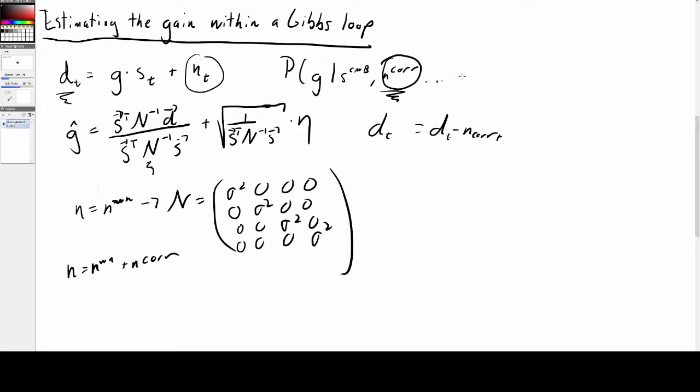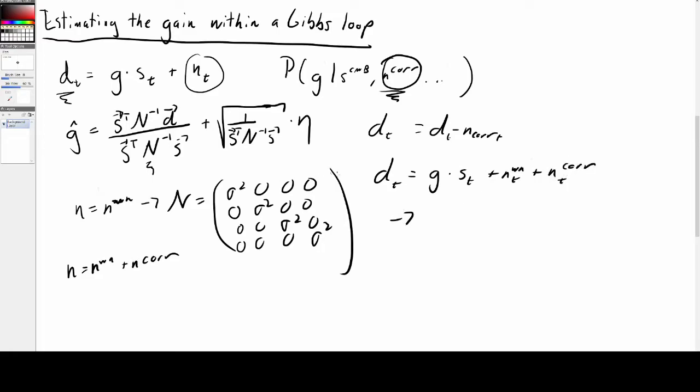But when we marginalize over the correlated noise, which we have to do if we want to sample G and the correlated noise jointly, then we don't know what the correlated noise is, and that amounts to actually having our data be given by the signal plus white noise and then plus this correlated noise term.